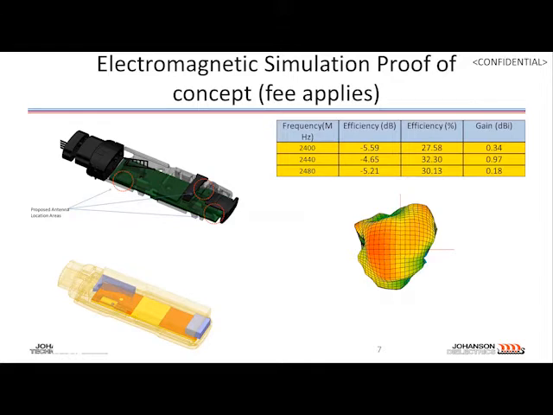We can devise a model and put our antenna electromagnetic model in there, simulate, and predict what kind of efficiency and gain you will have on the part number that we ultimately select.